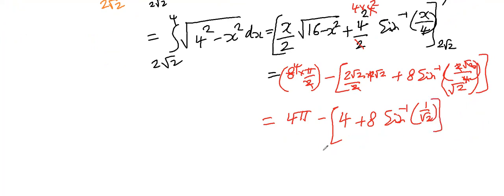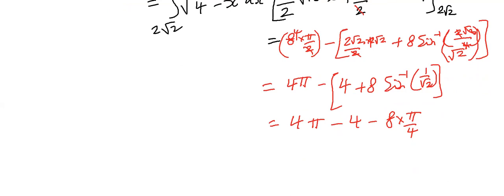Sine inverse of 1 by root 2 is sine 45, which is pi by 4. So 4 pi minus 2 pi is 2 pi, and 2 pi minus 4. This is what I am getting for the second part.